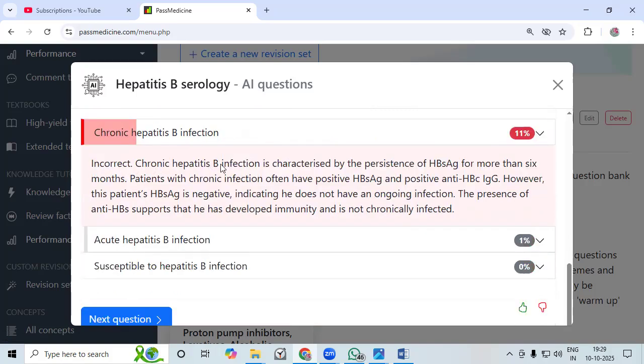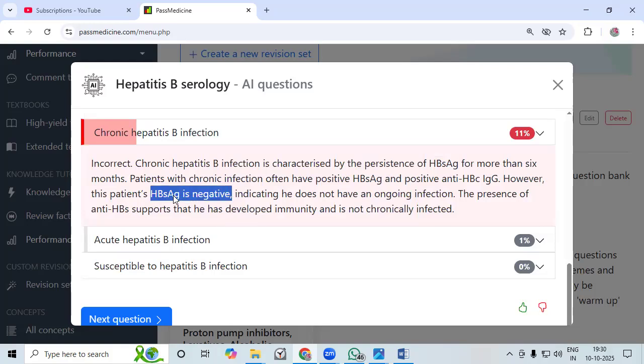Chronic hepatitis B infection is characterized by presence of HBs antigen for more than 6 months. I told you two readings are required to tell the chronicity. Patients with chronic infection have positive HBs antigen and positive anti-HBc IgG. However, this patient's HBs antigen is negative.